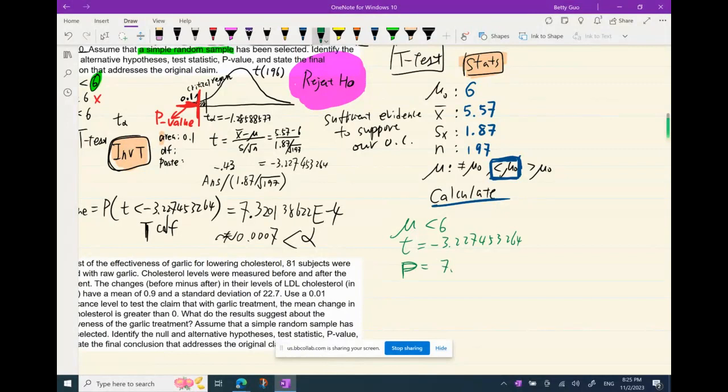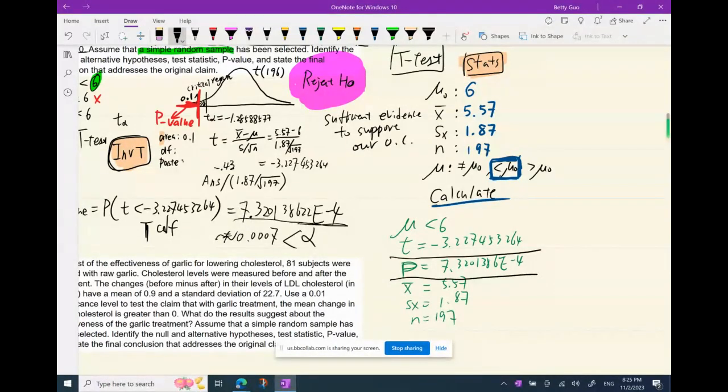P value is 7.32013866 E -4. I also have x bar, which is already given, right? 5.57. S sub x, just repeating information. n equals 197. So let's compare the test statistic and the p-value from the calculator with our answer.